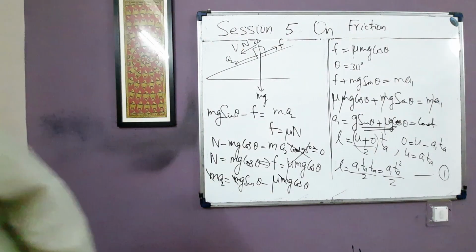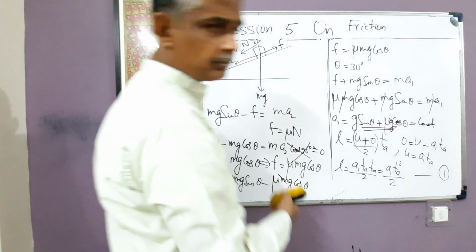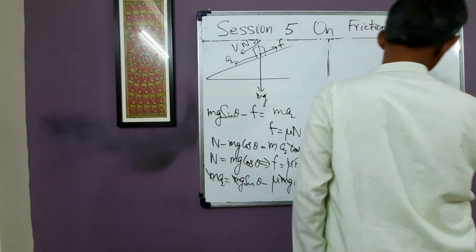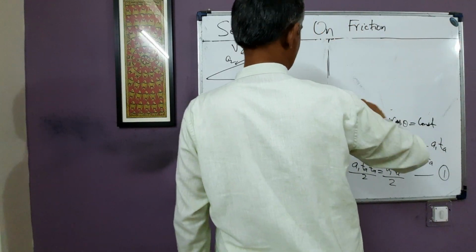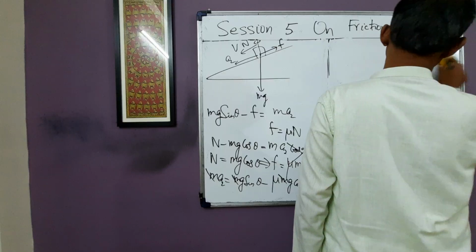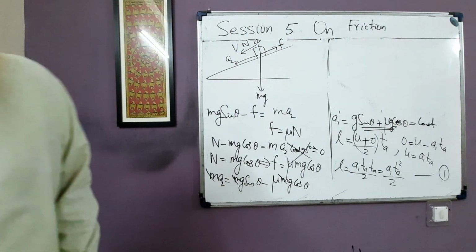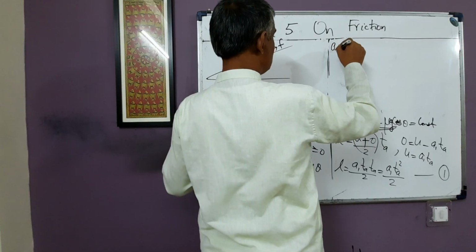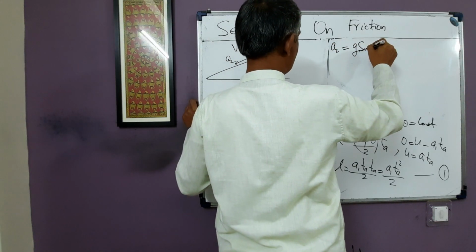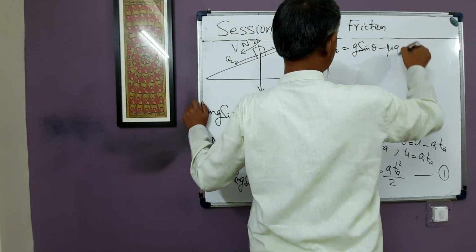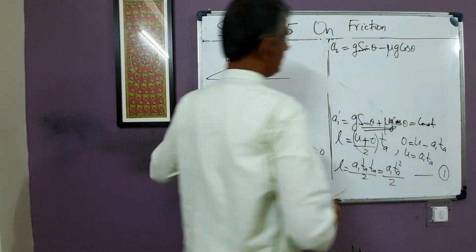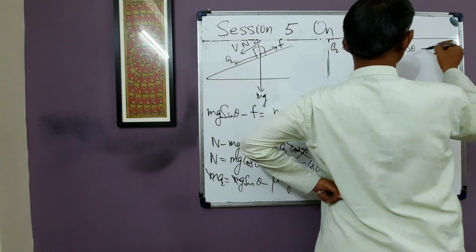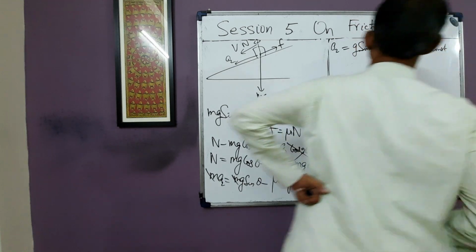So A2 equals g sin theta minus mu g cos theta. Now see, all the quantities given in the question are constant, so A2 is therefore also a constant.